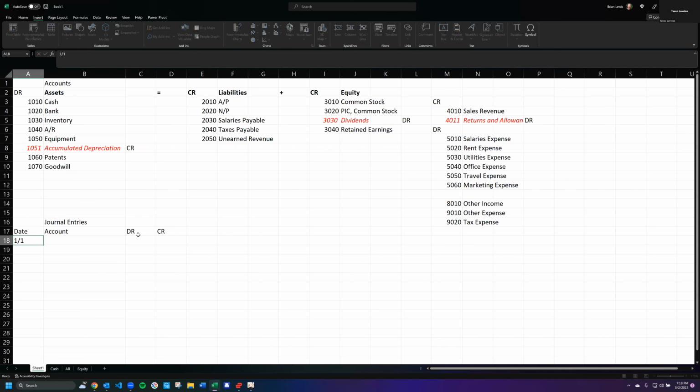On 1-1, we go to cash, we go to equity, I invested in the company, $1,000. We're going to italicize this; that's the description. So this is called a journal entry, and it's double-sided and balanced. I have equal amounts of debits and credits, so all is good.